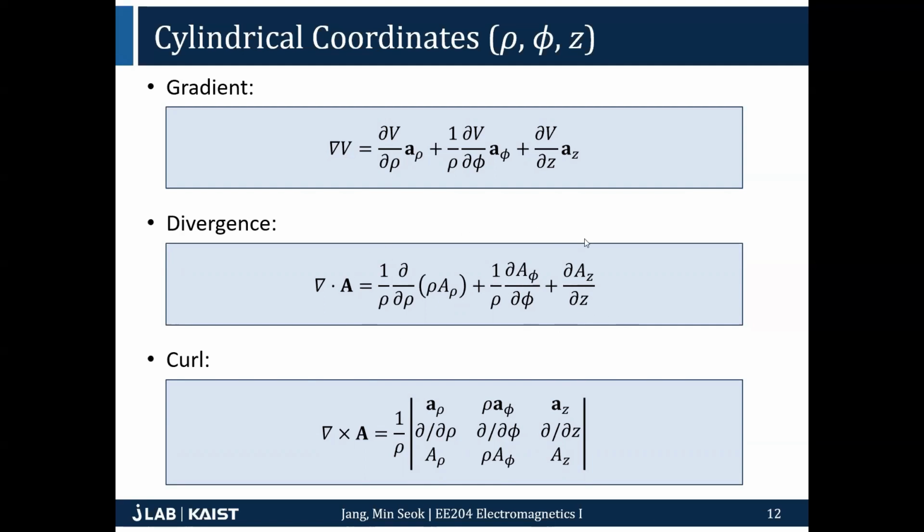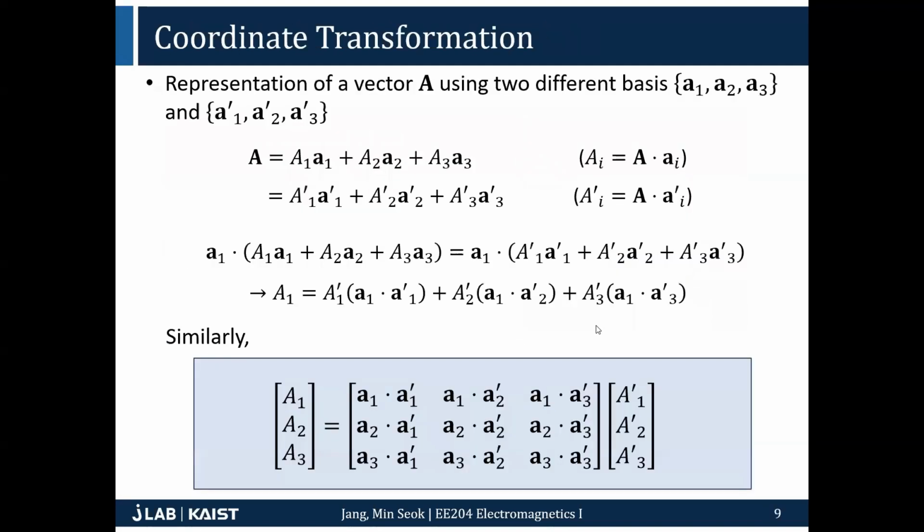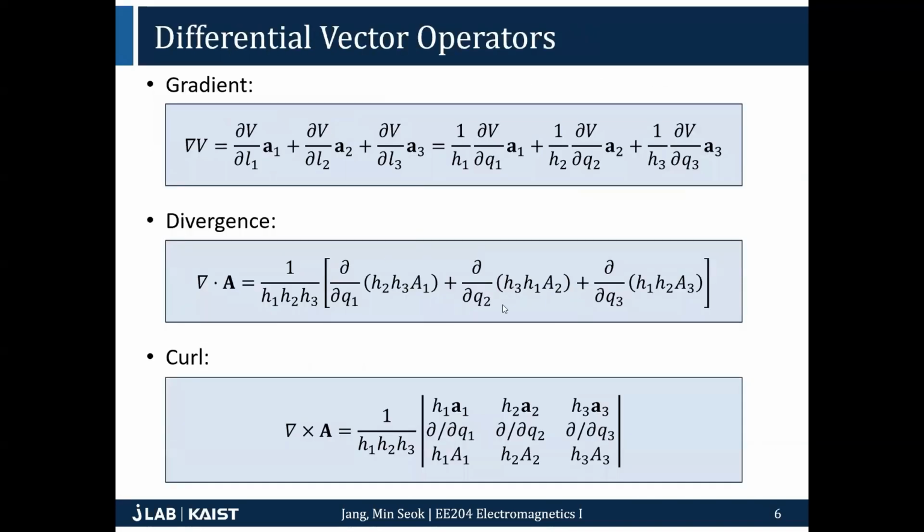So if you saw this without knowing this, it would look really random, right? So now you know this. Okay, so H1 and H3 are 1, and only H2 is rho.